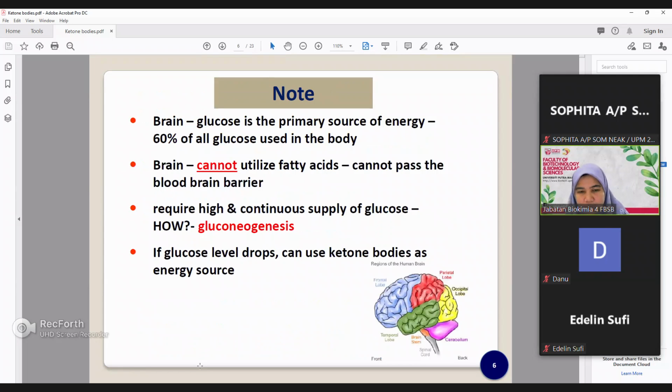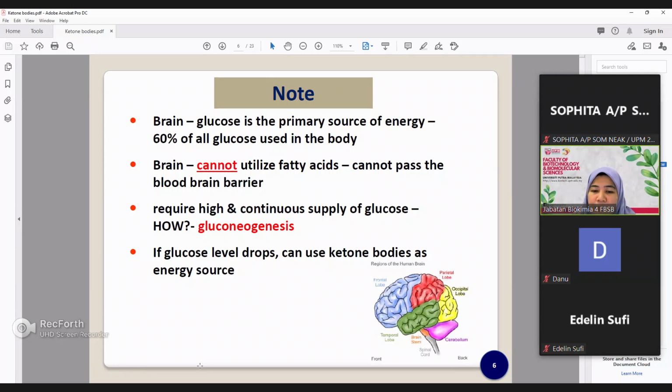The brain utilizes glucose as its primary source of energy, because 60% of all glucose in the body is used by the brain. Fatty acids cannot be utilized by the brain because they cannot pass through the blood-brain barrier. But the brain still requires a continuous supply of glucose.